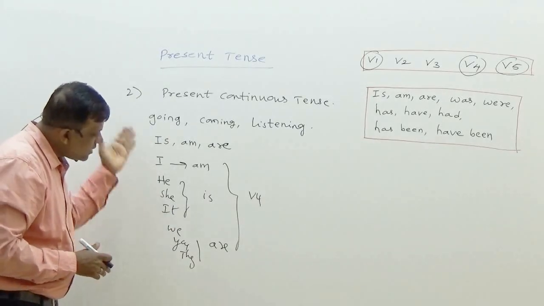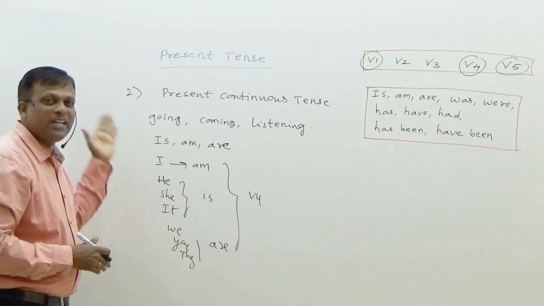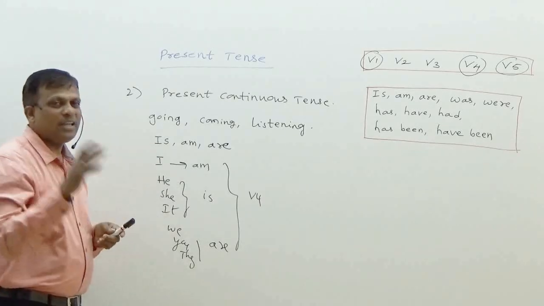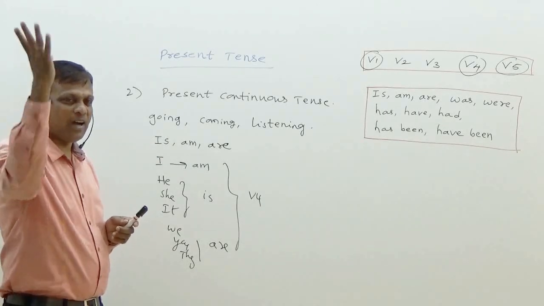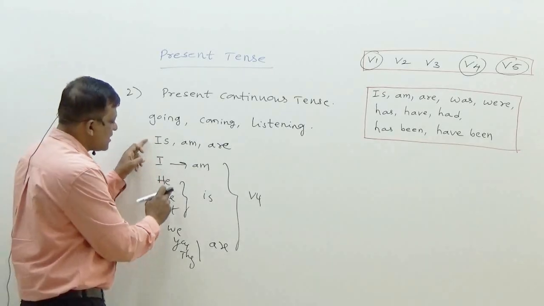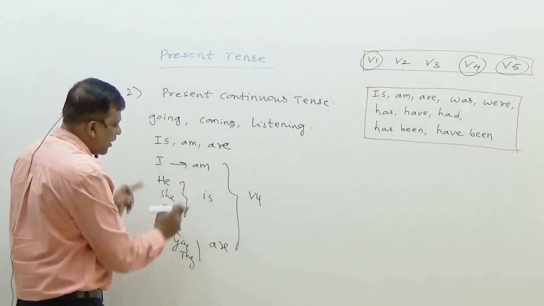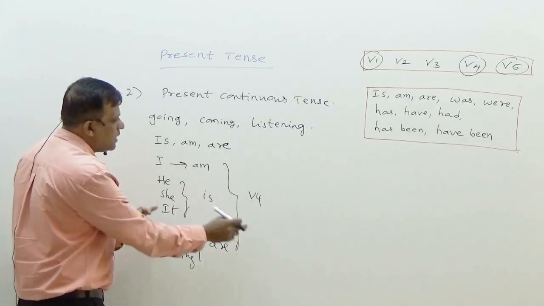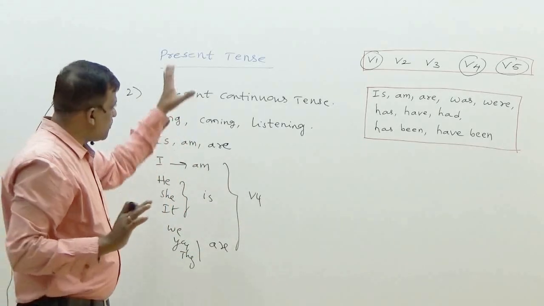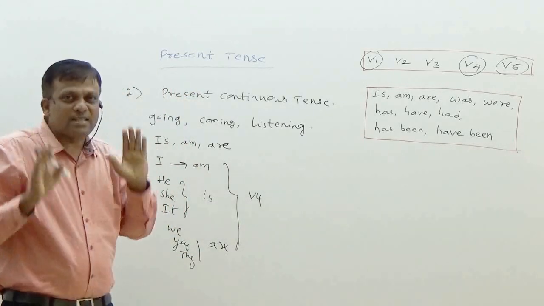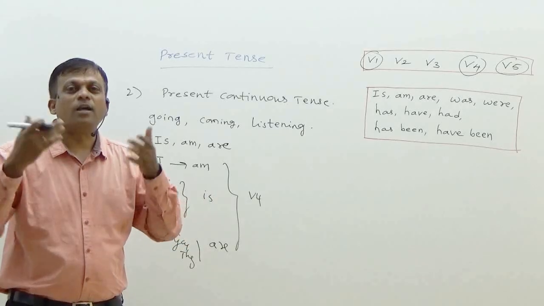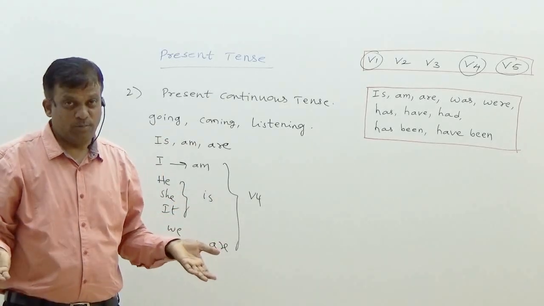So you understand, the concept will be very clear. Which helping verb? Is, am, are. He is, she is, it is, I am, we are, you are, they are. Finish. So present continuous tense tells us what we are doing now.